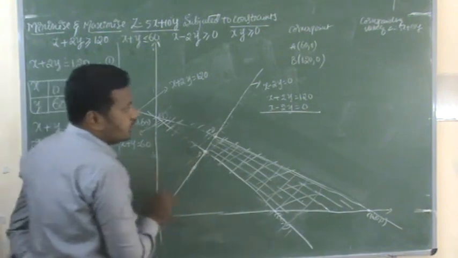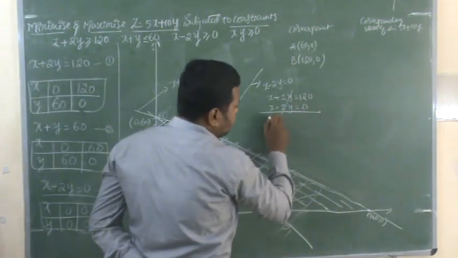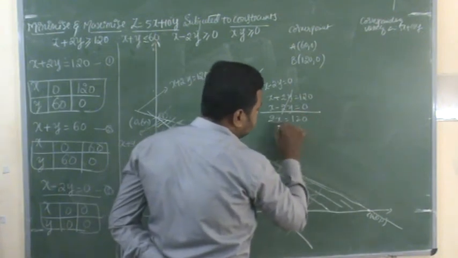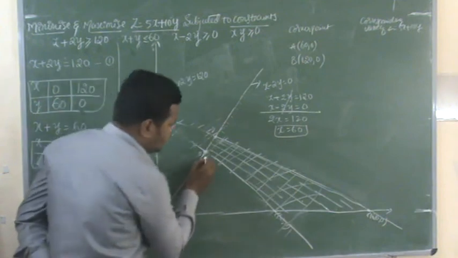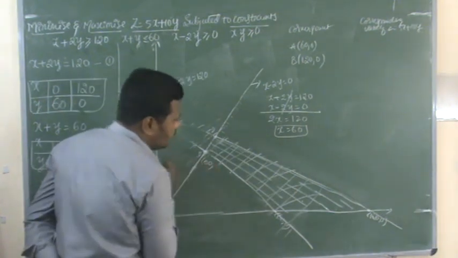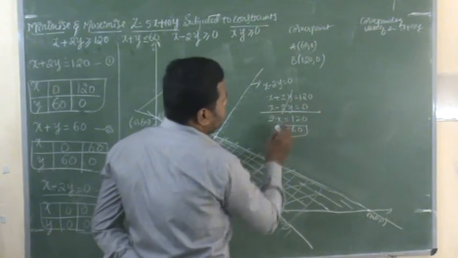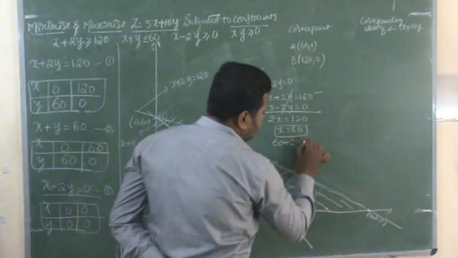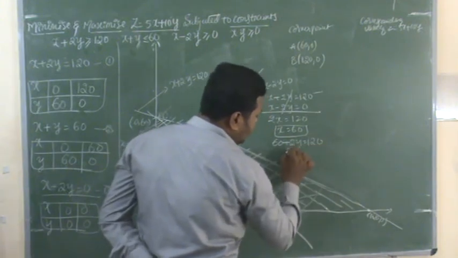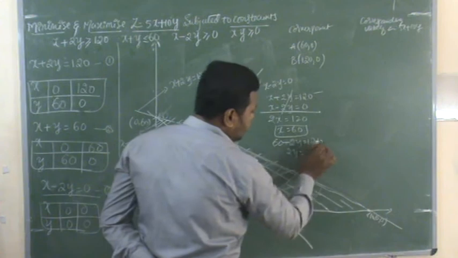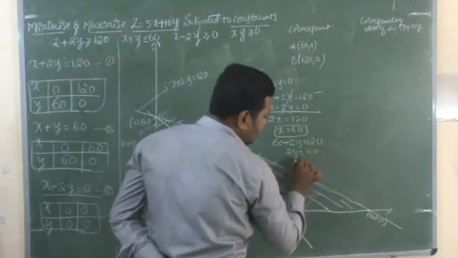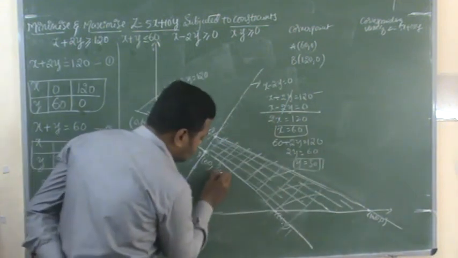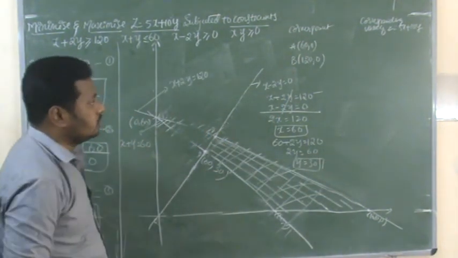We get 2x is equal to 120, x is equal to 60. Substitute in equation number 1. We get 60 plus 2y is equal to 120, 2y is equal to 120 minus 60, that is 60. y is equal to 30. This is 60, 30.